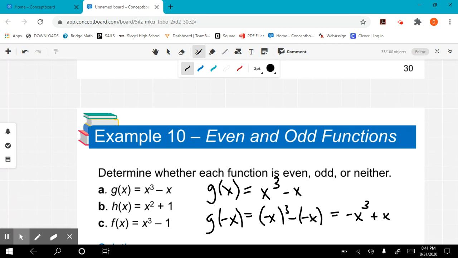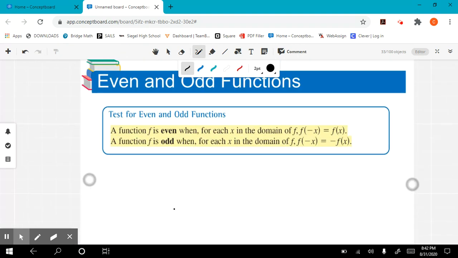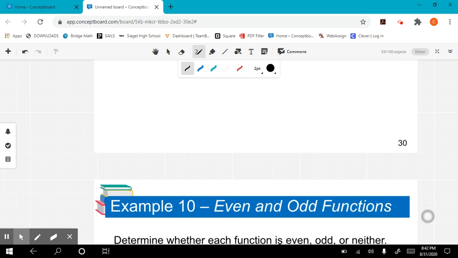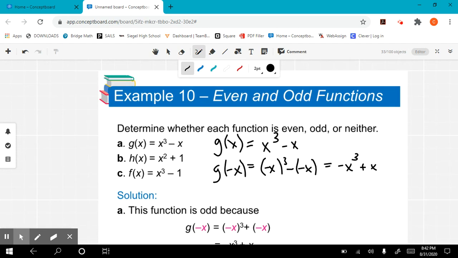All right. Now, obviously, when I plug in negative x, I do not get this right here. If I were to plug in a negative x and it simplified back to what I originally had, that was an even, right? I plugged in negative x and I got what I originally had. So this, we know, is not even. All right. Now, the way we can tell if it's odd is if I can factor this negative out, and I would be left with x cubed plus x.